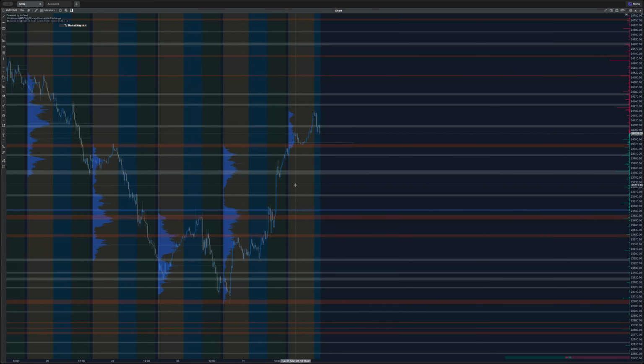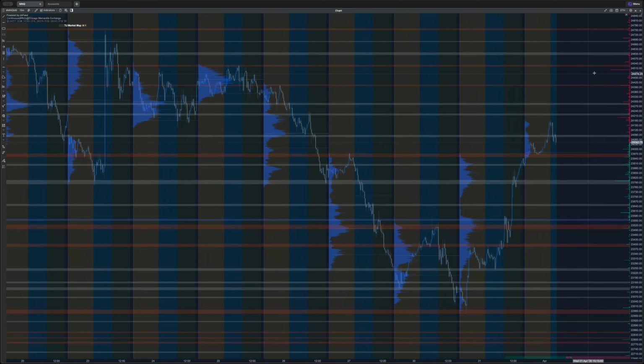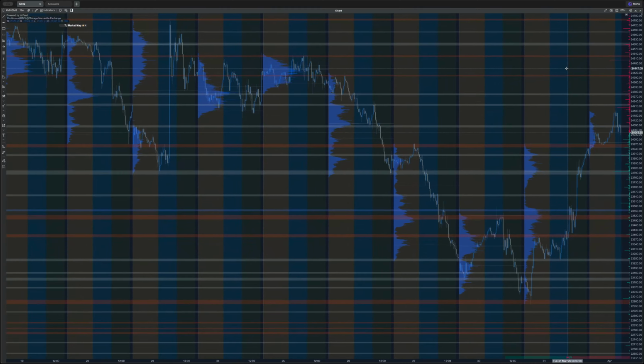Not expected, at least for me. My analysis in the morning was more like either bearish or rangy, but yeah, that's how you can make yourself a fool.